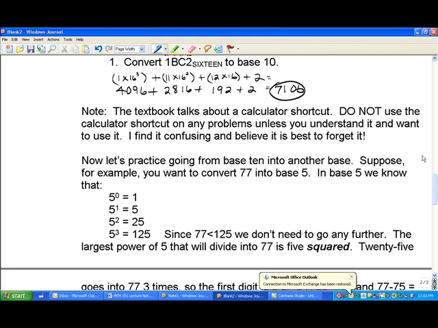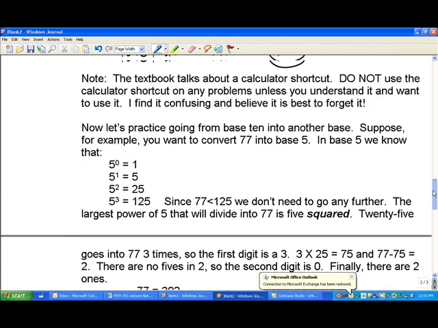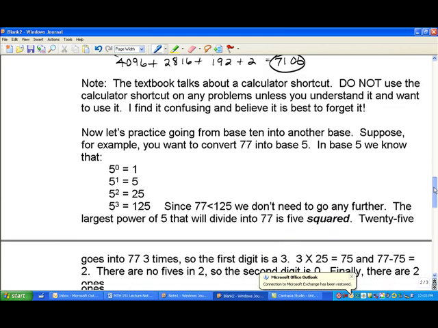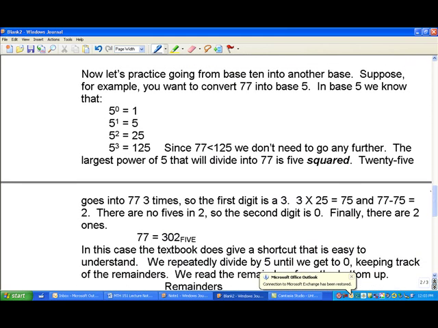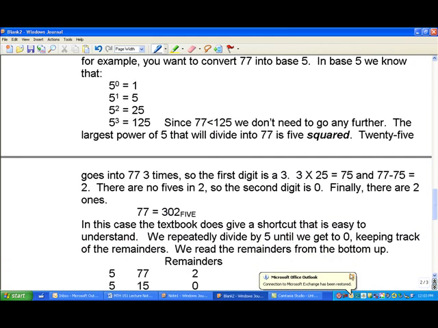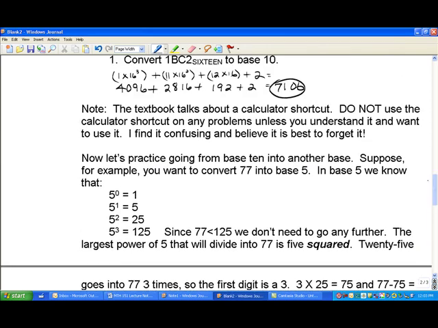So I do recommend that you just skip over that. If you're doing problems in the book or anywhere and it says to use the calculator shortcut, just ignore it and go ahead and use the method we've used here.